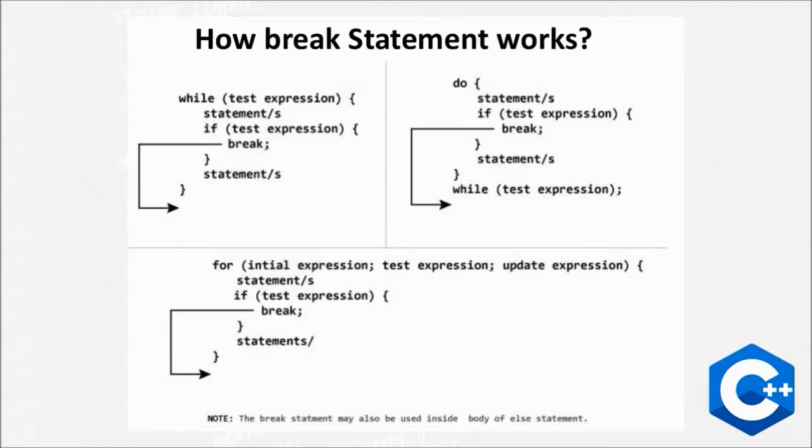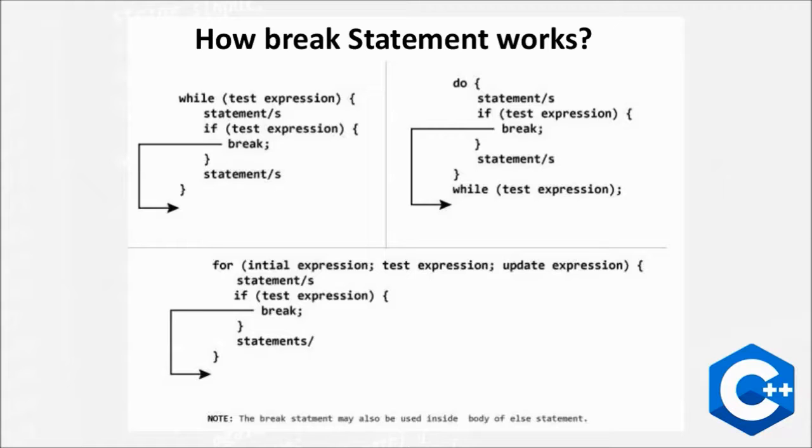When control goes to the break, it immediately terminates the loop, and control goes to the statement written after the body of the loop. This remains true for the while loop, do while loop, and for loop.